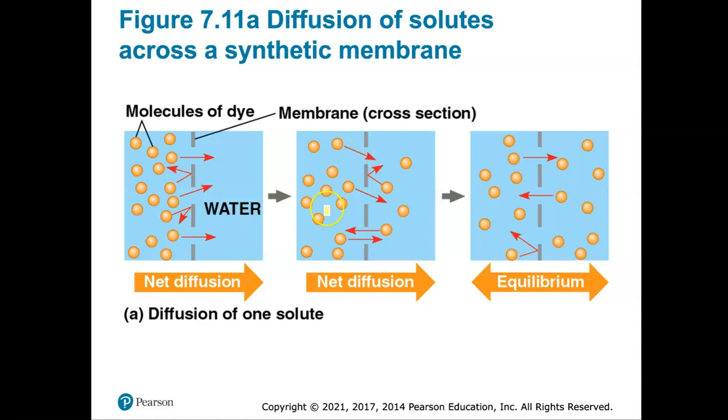There's a concentration gradient or difference on each side of this membrane that's being shown here. And this membrane is selectively permeable because it has these pores that are only going to allow molecules of a certain size to pass. So this molecule will move through those pores to the other side of that membrane until the solution on both sides is about the same concentration of that solute molecule.